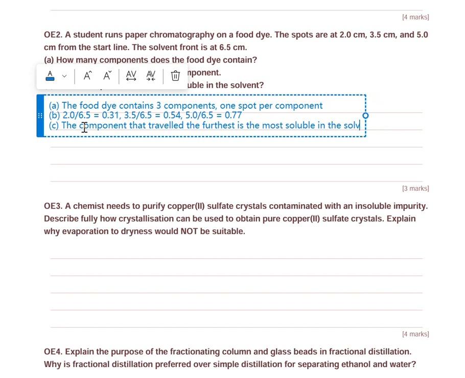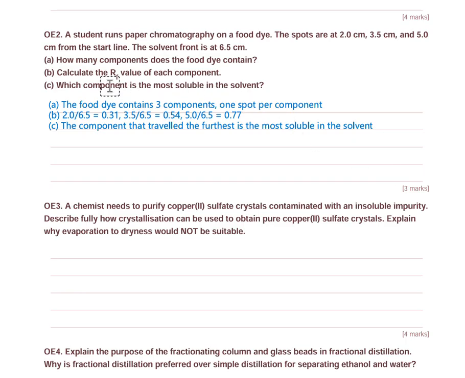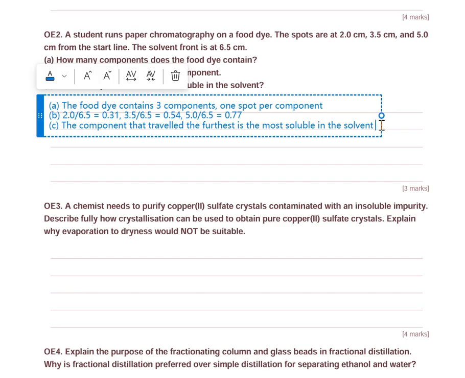Okay, so in this case, if you're quite scared, because the mark allocation is 3 marks, naturally it becomes 1 mark per part. But if you're more scared, you can always write that the furthest is the most soluble, so the furthest is 5.0 cm, but the Rf value is, I think, 0.77. Okay, I can write this down also.